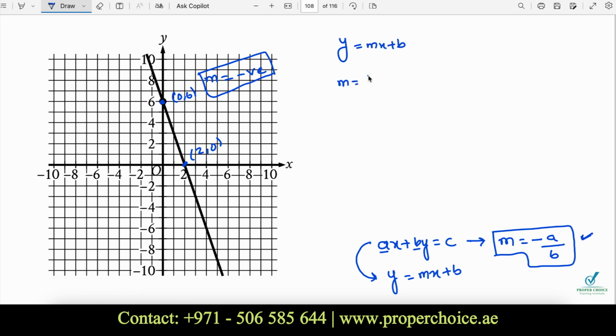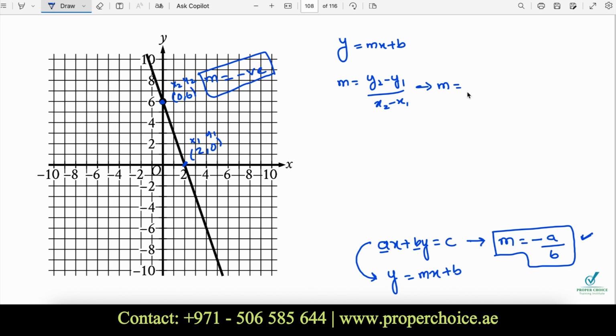So m is y2 minus y1 divided by x2 minus x1. If you assign one coordinate as x1, y1 and the other as x2, y2, you can interchange their naming. Always the first number is x, the second is y.